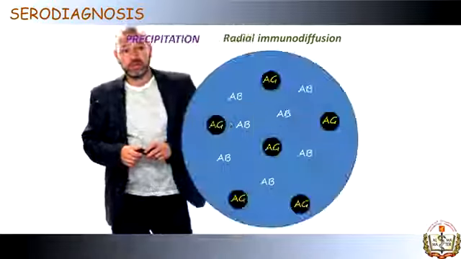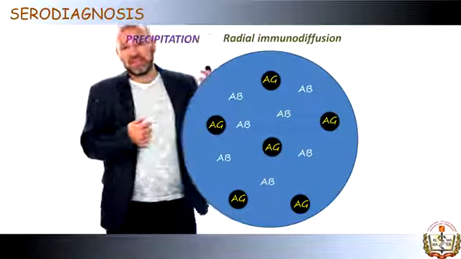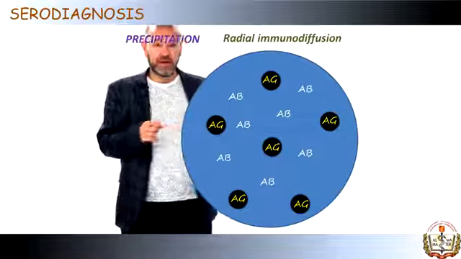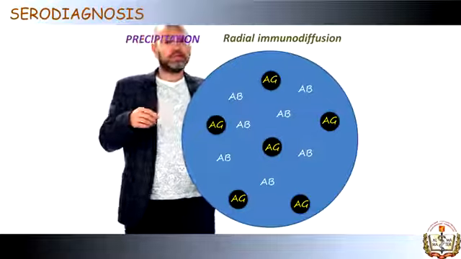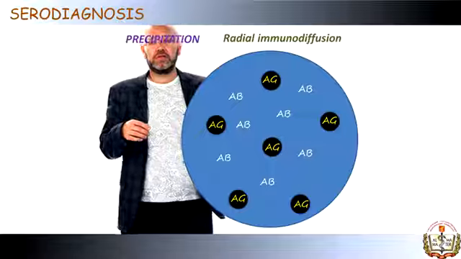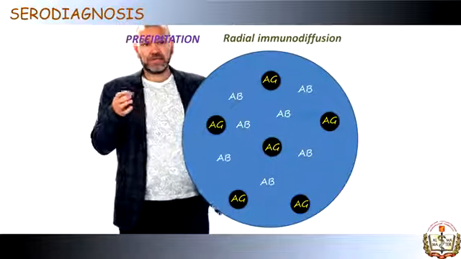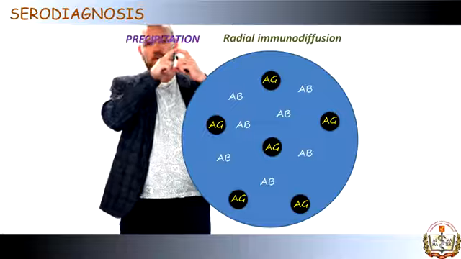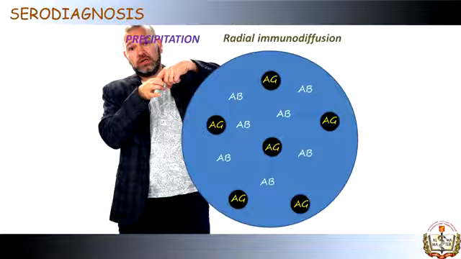The third modification is radial immunodiffusion. It is simple or single diffusion, but in two dimensions. Antibody is incorporated in the gel. It can be done on a slide or here in the Petri dish. Antigen is applied into cut wells. You need to remove some part of the gel and add antigen here.